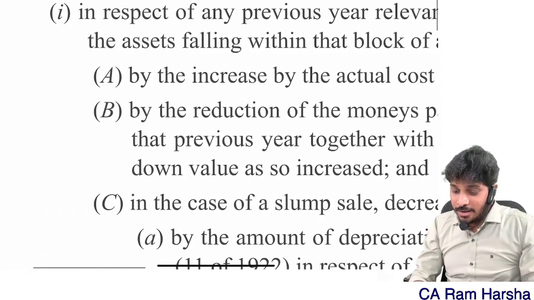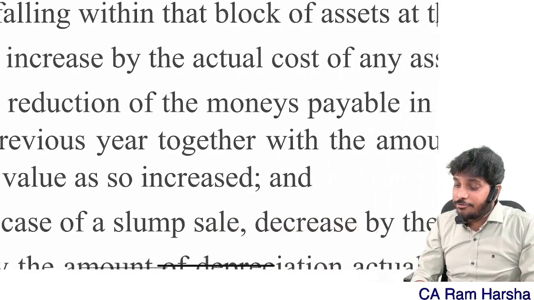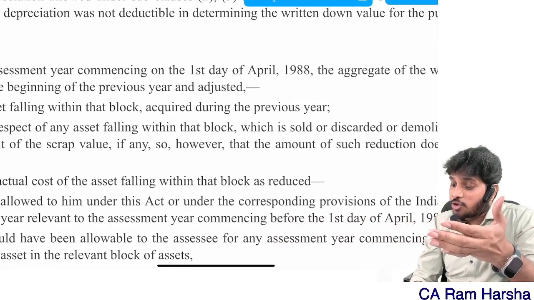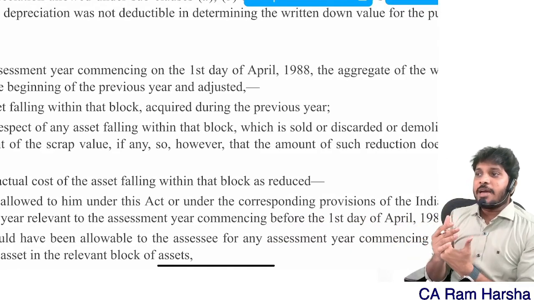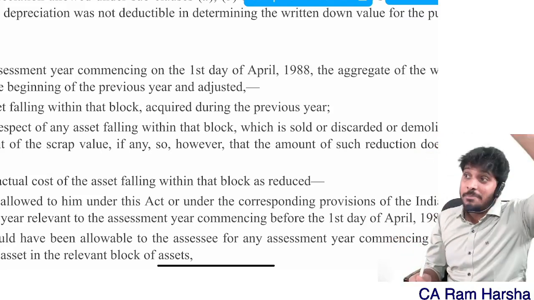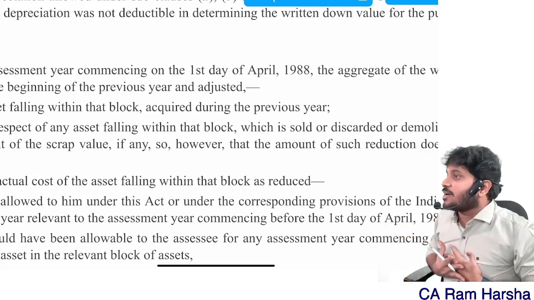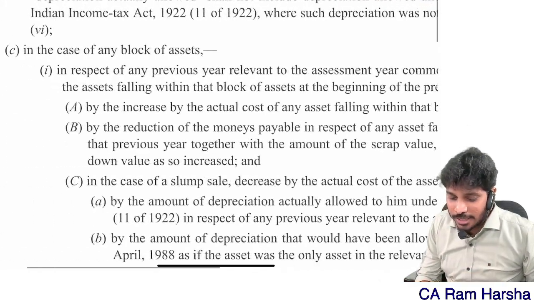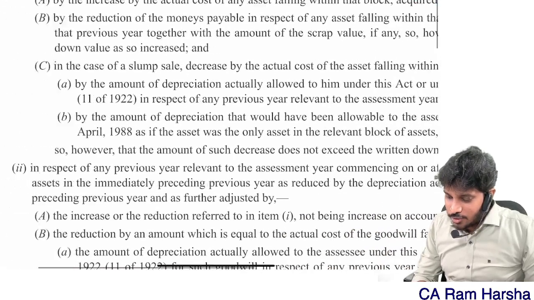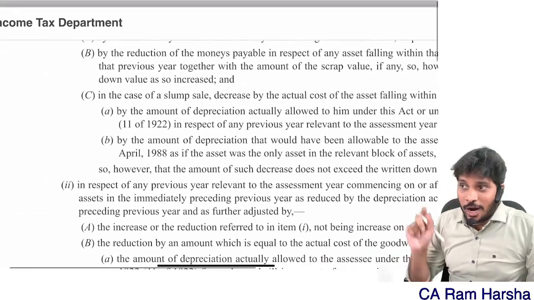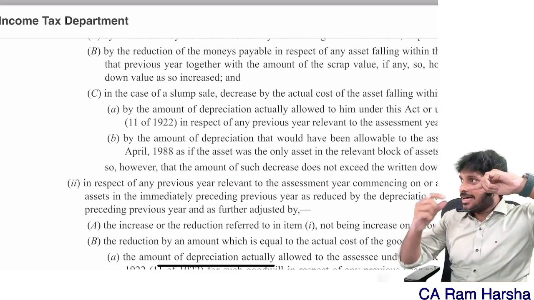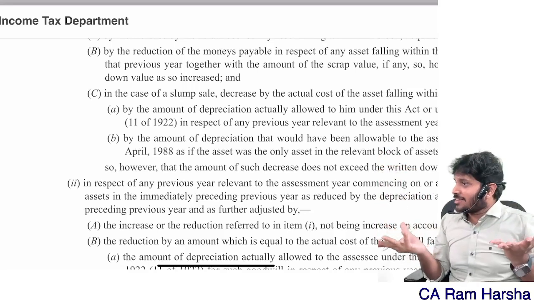Then reduce by the money payable in respect of assets falling within the block sold or discarded. Instead of money payable, we used money receivable, money payable by a third party to us, nothing but money received by us. That's what I translated. Reduce it. So what is the written down value definition? Opening plus additions minus money received on deletions. That's the WDV value.